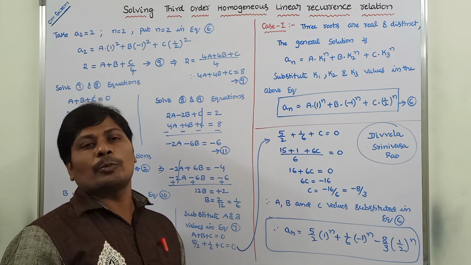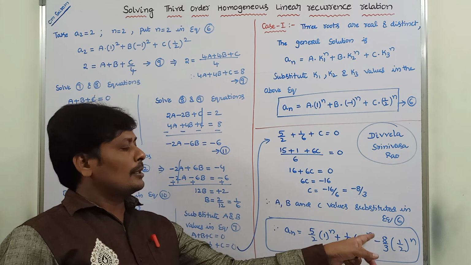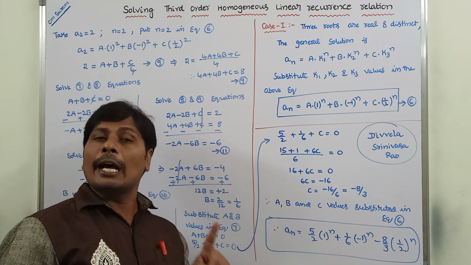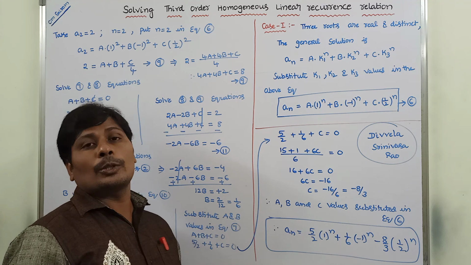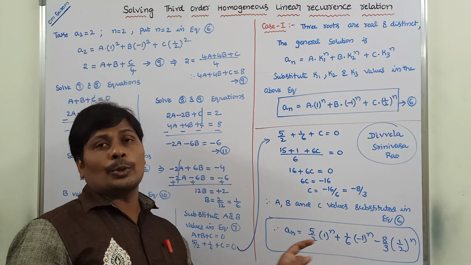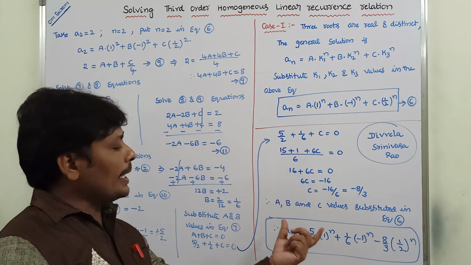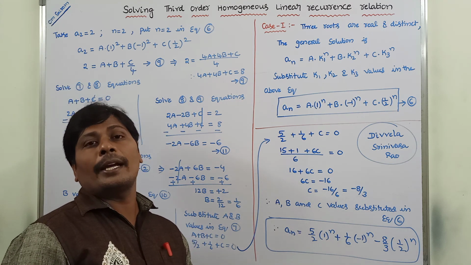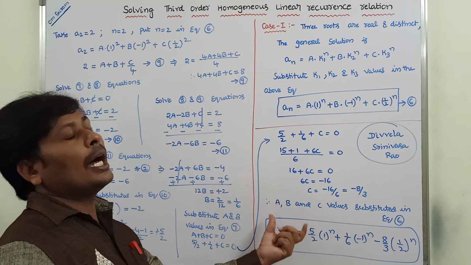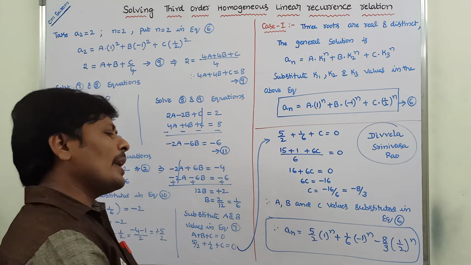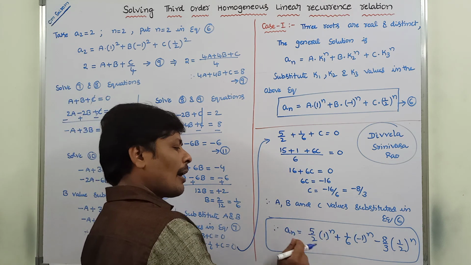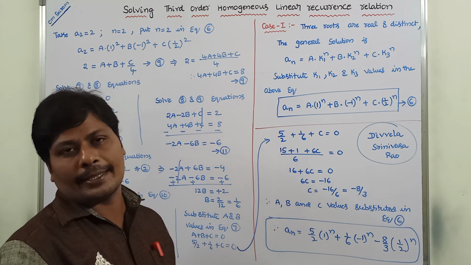A1 is equal to 1, put n is equal to 1, so we are getting the result as 1. A2 is equal to 2, put n is equal to 2, then the answer we are getting is 2. So the 3 conditions are satisfied, then we can say that our answer is correct.